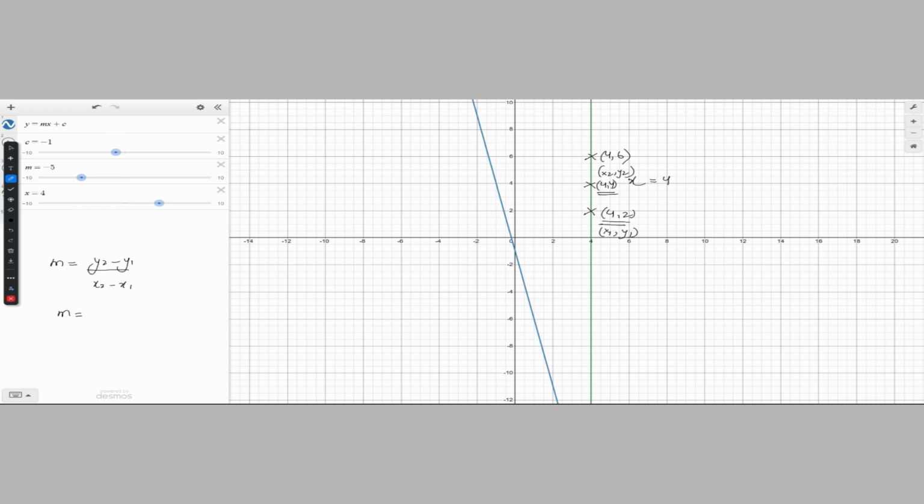So y2 is 4, minus y1 is 2, and x2 is 4, minus x1 is 4. Now you can see we will have 2 over 0. This means it is undefined. That's why we are saying that the gradient of the vertical line is undefined.